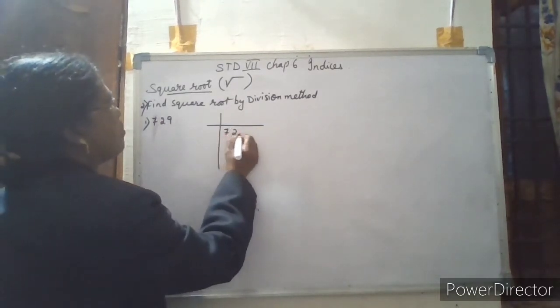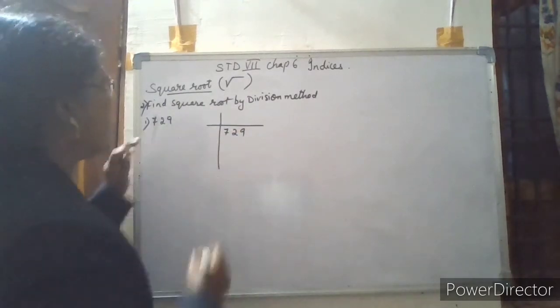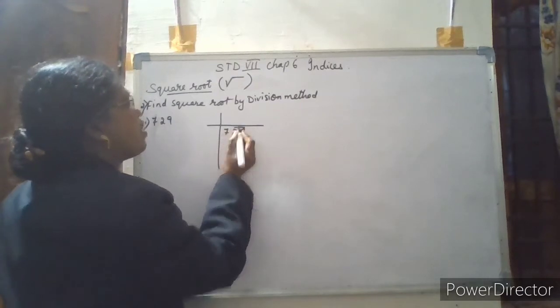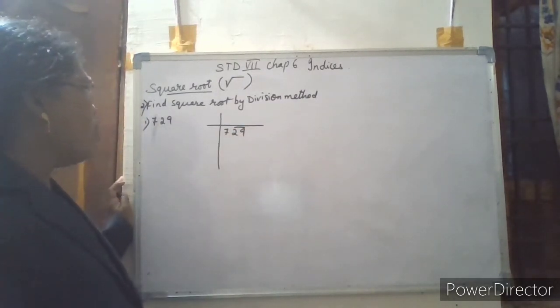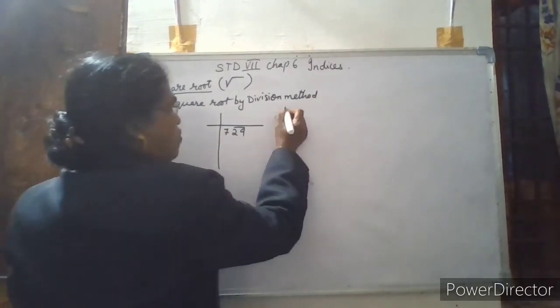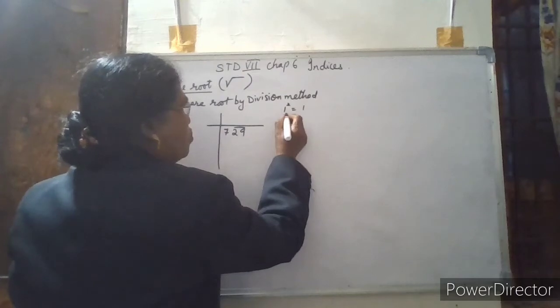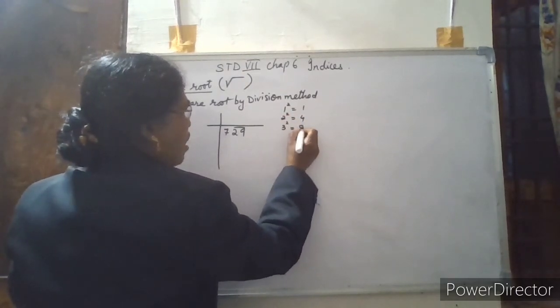Then from the unit place, unit and tens become one pair. Only one number is remaining, so find the nearest square of 7. See, 1 square is 1, 2 square is 4, 3 square is 9, 4 square is 16.